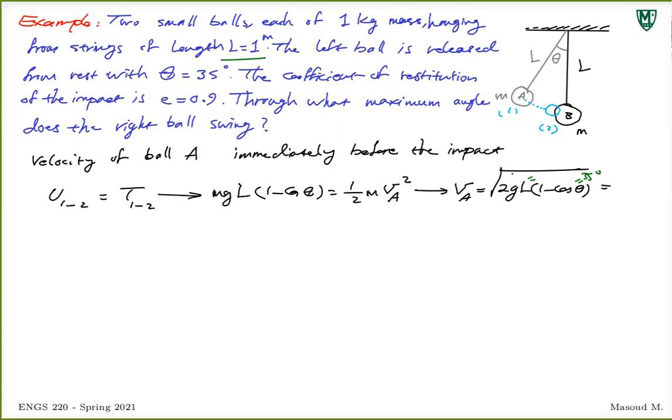So L is 1. You can calculate this value. You'll get 1.88367 meter per second. So this would be the velocity of A just before impact.